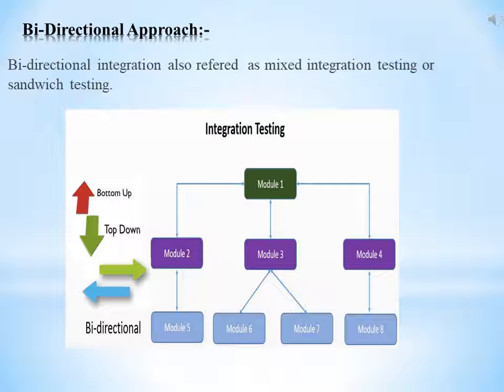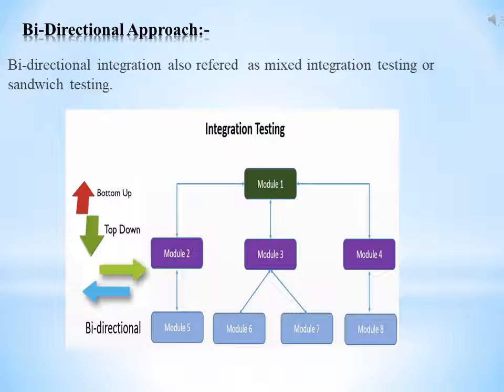Assume that the software components become available in the order mentioned by the component numbers. The individual components 1, 2, 3, 4, 5 are tested separately, and bidirectional integration is performed initially with the use of stubs and drivers.